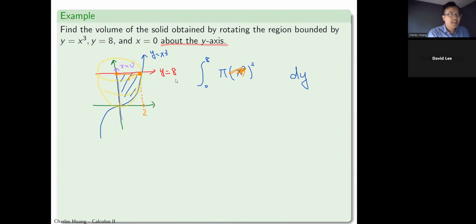How do I get the x value? I have to take the y value, take 8, and then cube root it. So before we put it in, we're going to solve for x. We're going to say that x is equal to the cube root of y.